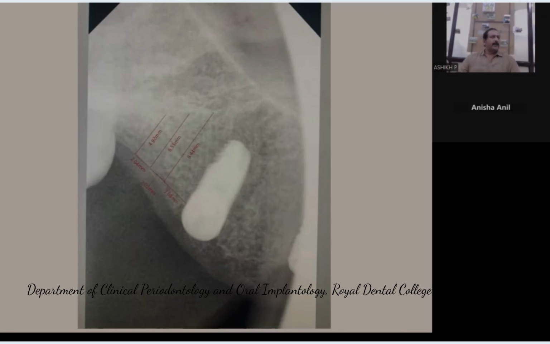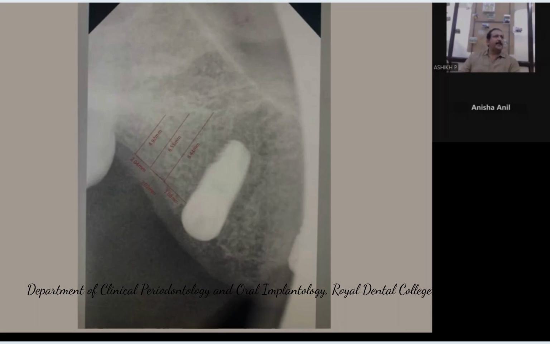Is that okay? Yes, you will be preparing it till the sinus floor alone. Then increase the diameter. Because as I already mentioned earlier, if you need a longer implant placement, a preparation of an area within the sinus is not at all needed.